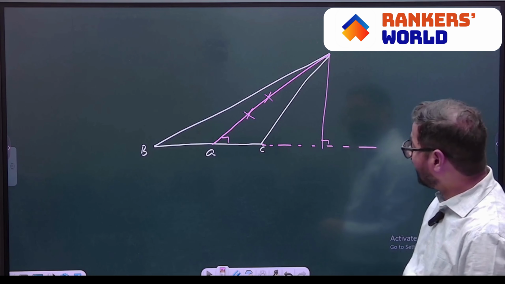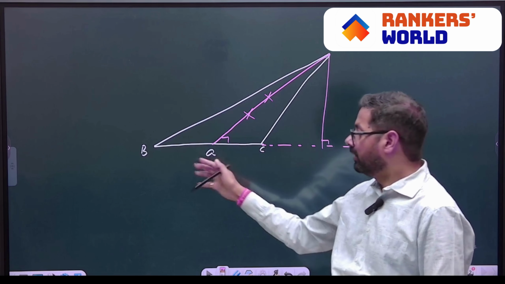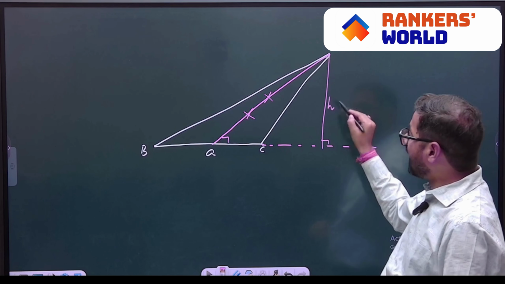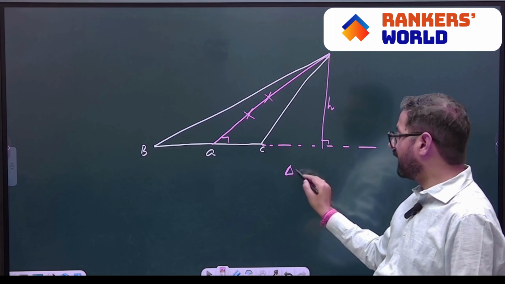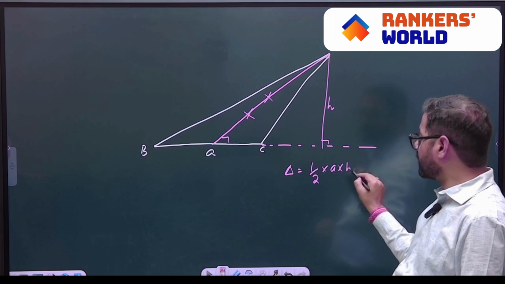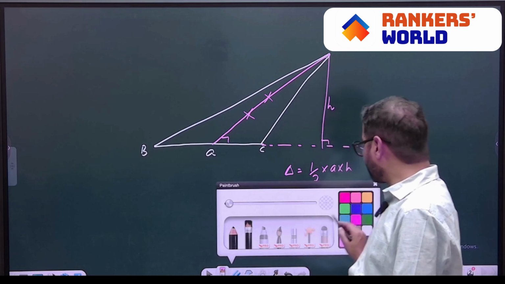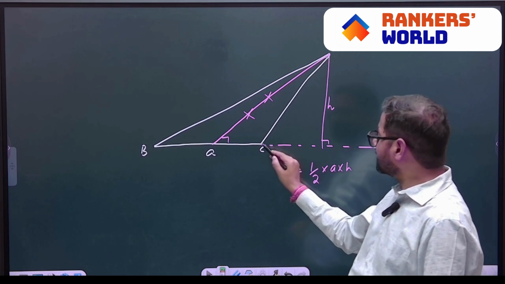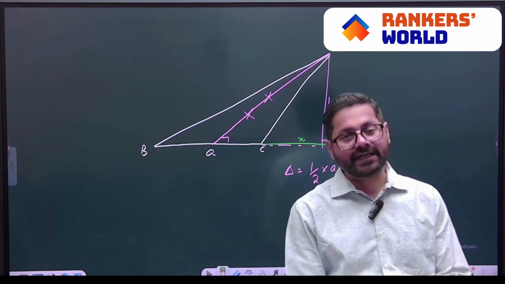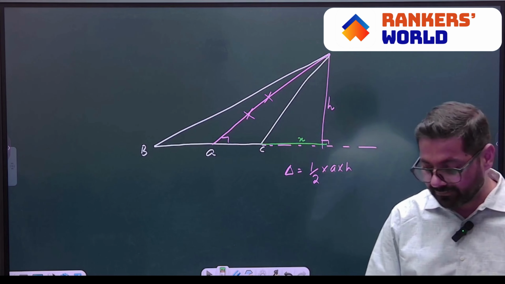from A on BC. Look at the BC, it is a straight line, I can extend it. If this is H, now I can say the area of a triangle is half A into H. What will happen if this length is X? Will it make any difference in finding out the area of a triangle?